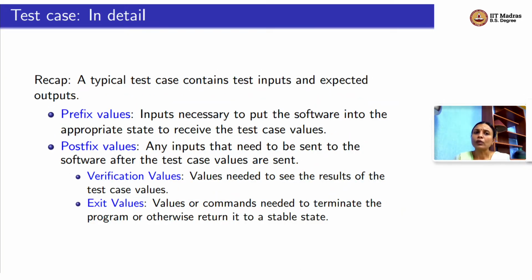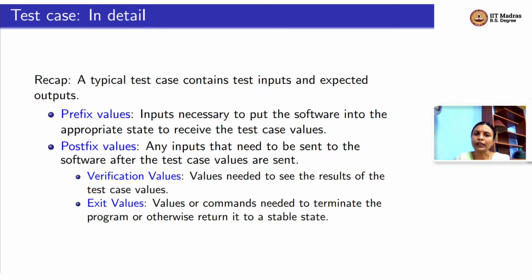So remember what we saw as a test case? We said simply a test case was inputs and expected outputs. If the actual outputs match the expected outputs, we say the test case had passed, otherwise the test case had failed. Now, in addition to that, suppose the code that you're testing is embedded somewhere deep inside the overall software that you have, you need to give prefix values and postfix values. So let's see what they are.